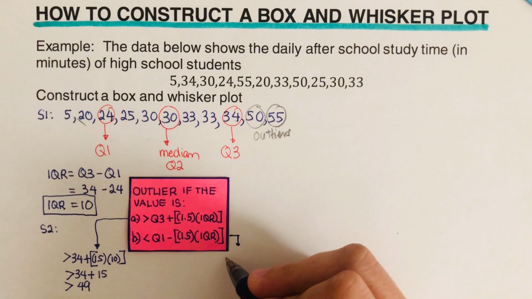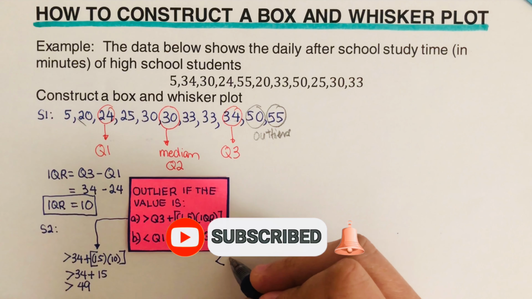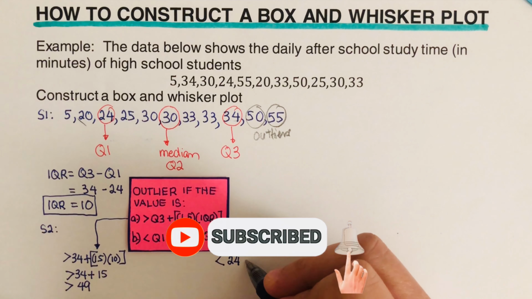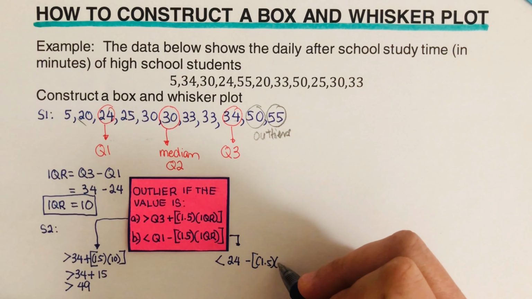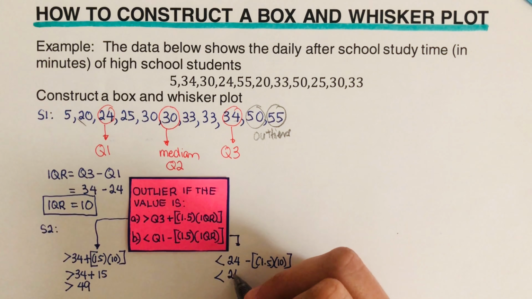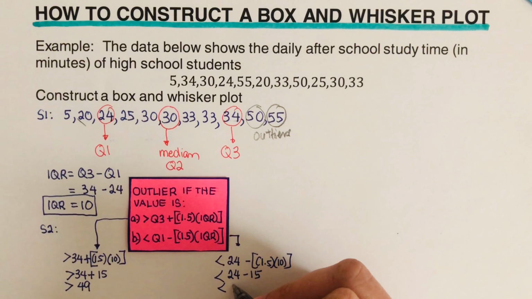That would be anything less than Q1, which is 24, minus 1.5 times the IQR, which is 10. So that is anything less than 24 minus 15, which is anything less than 9.